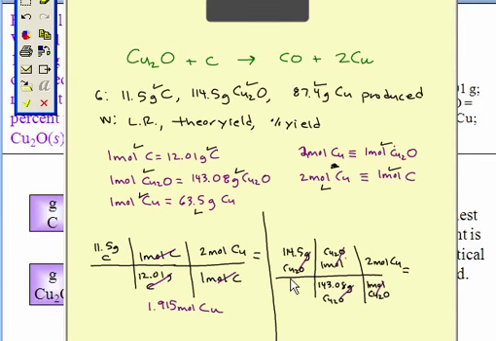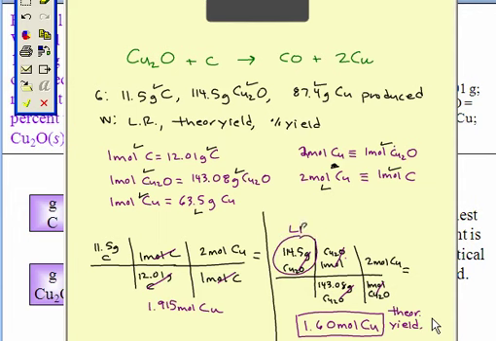My grams of copper(I) oxide cancel out, my moles of copper(I) oxide cancel out, and when I do my math, I get 1.60 moles of copper. So this tells me this is the least amount that I get, this is the most that I can actually make, this is my theoretical yield, and my limiting reagent is copper(I) oxide. So my copper(I) oxide is my LR.